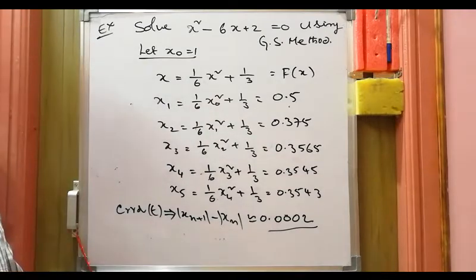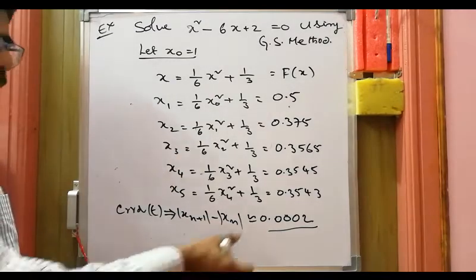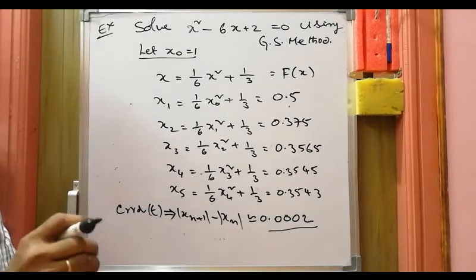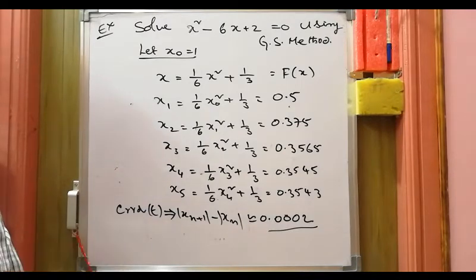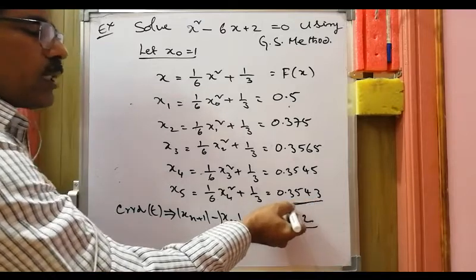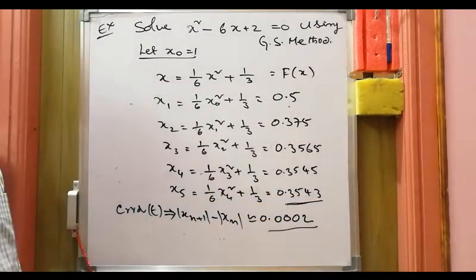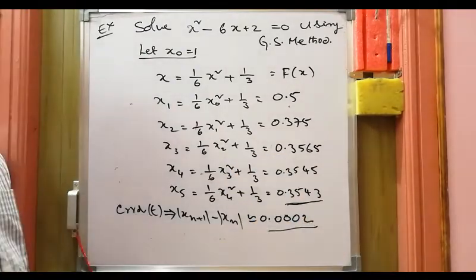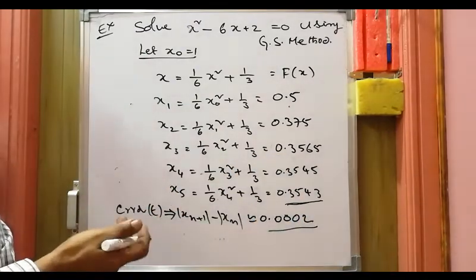Suppose you want further accuracy, you can still continue the iterations, and if error becomes 0, as I said, that is the perfect solution. Otherwise you can say that this is the value that is unknown, x equal to 0.3543, because you are getting an error which is comfortably small.